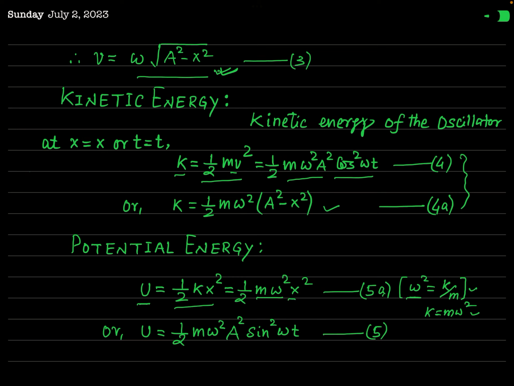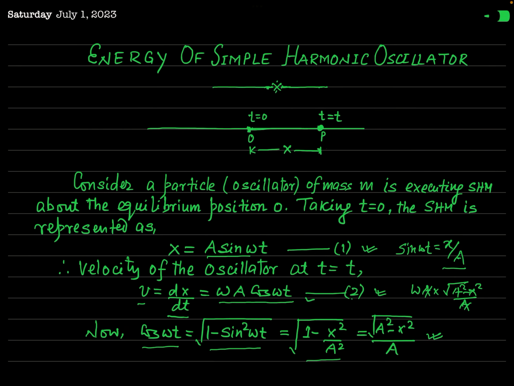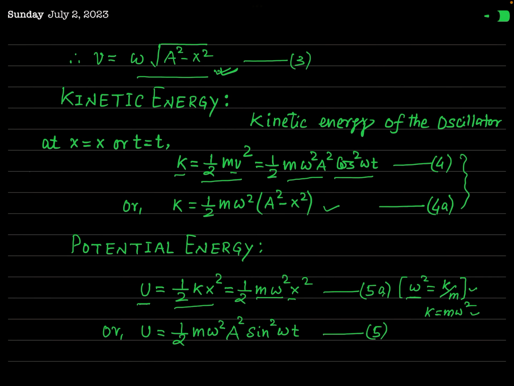Now, this x can be replaced by A sine omega t, as you have seen in equation 1. So when x is replaced by A sine omega t, the expression for potential energy becomes half m omega square A square sine square omega t.